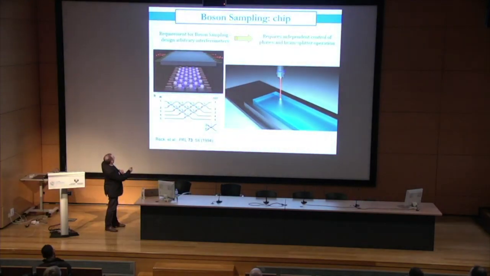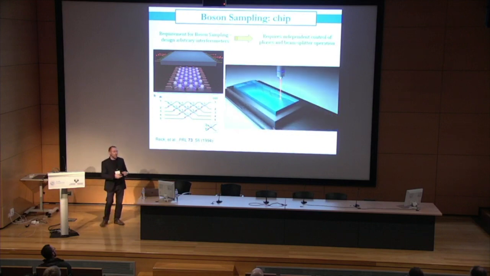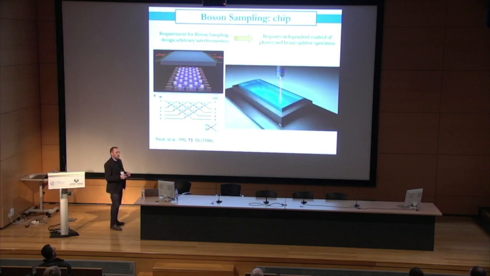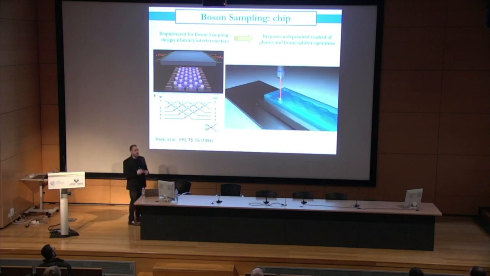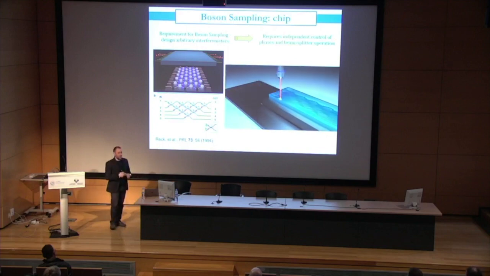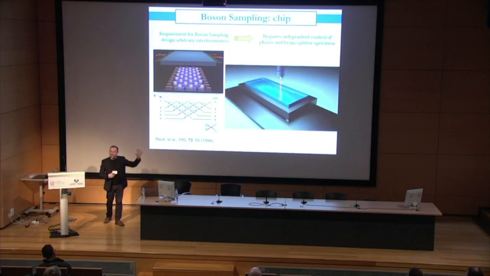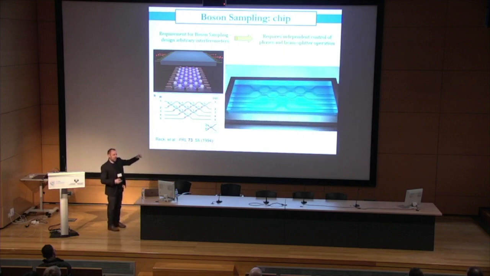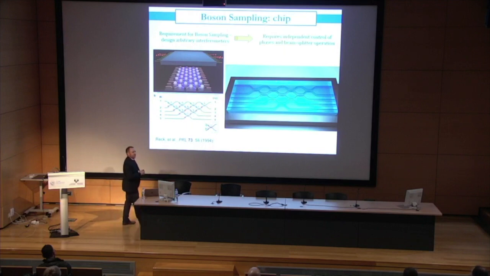This is because if you have a unitary transformation acting on m optical modes, you can decompose this structure into a polynomial number of beam splitters and phase shifters. In this case, what you see is a 5-mode interferometer. So this is now your unitary transformation. And depending on the unitary transformation, you will need to change the reflectivity and phase of your device.